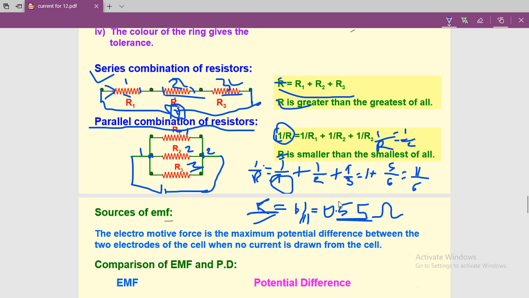Okay, so it means when three or more resistors are connected in parallel combination, then their equivalent is given by 1 by R is equal to 1 by R1 plus 1 by R2 plus 1 by R3. But the very interesting point is the value of R is lesser than the smallest resistor connected in that circuit.